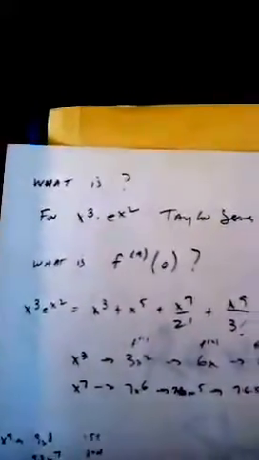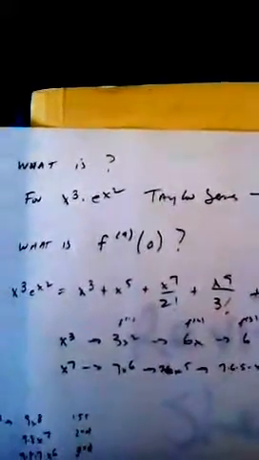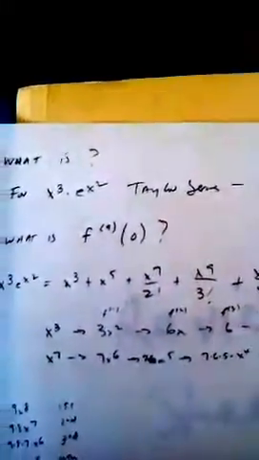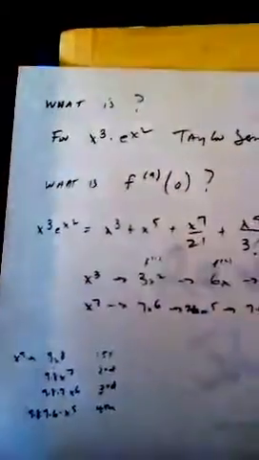Now another type of question they ask is, for the x cubed e to the x squared Maclaurin series, sorry for me writing Taylor, what is the 9th derivative of that at 0? Well, let's look at x cubed e to the x squared again.